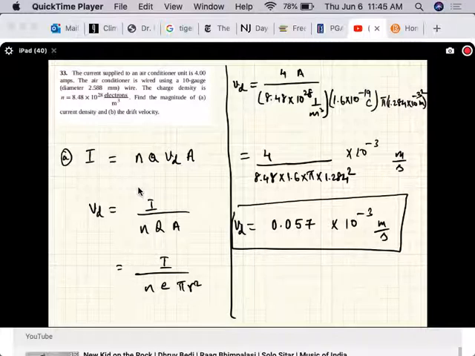And you guys remember, if you double the current in the AC, all you're doing is doubling the drift velocity. Everything else will be the same. Okay, so in that same air conditioner, if you double the current, all you're doing is doubling the drift velocity.